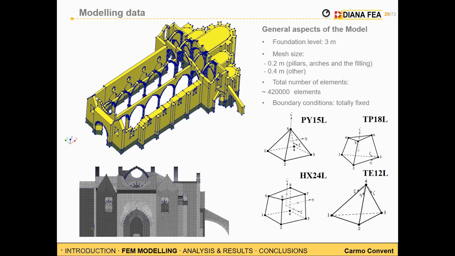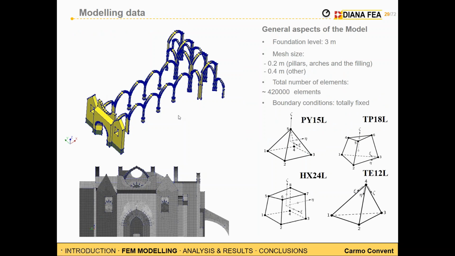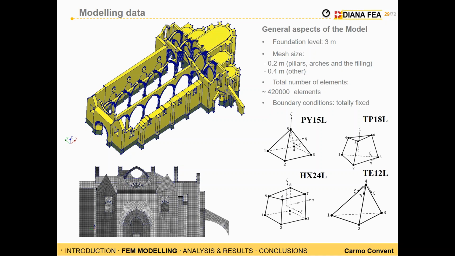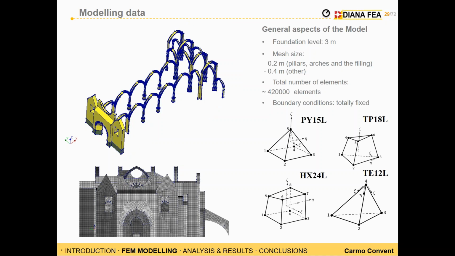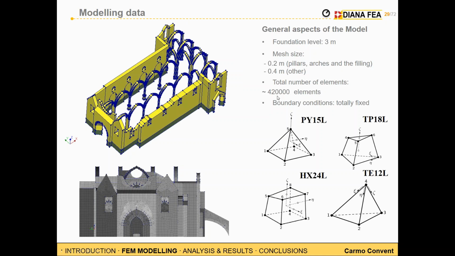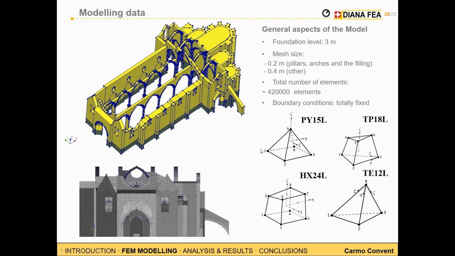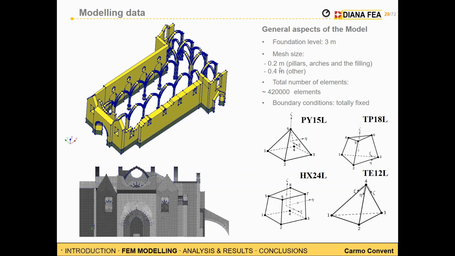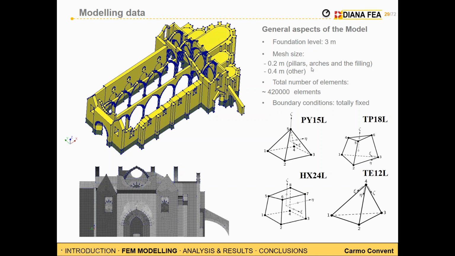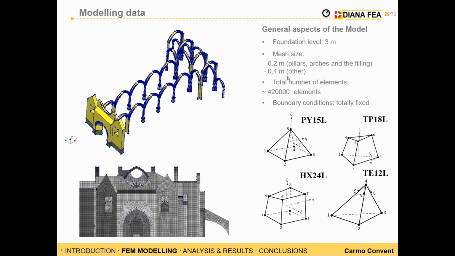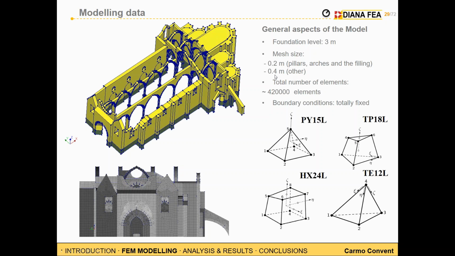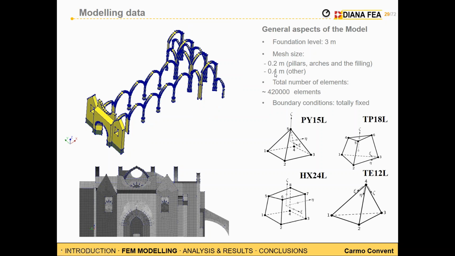In this case, you can see how complex it is and not so easy, and therefore you can also imagine the number of elements, which is really significant. As already said, we set the mesh size finer for the filler arches and the filling, and the other parts of the convent were meshed with sides of 40 centimeters.